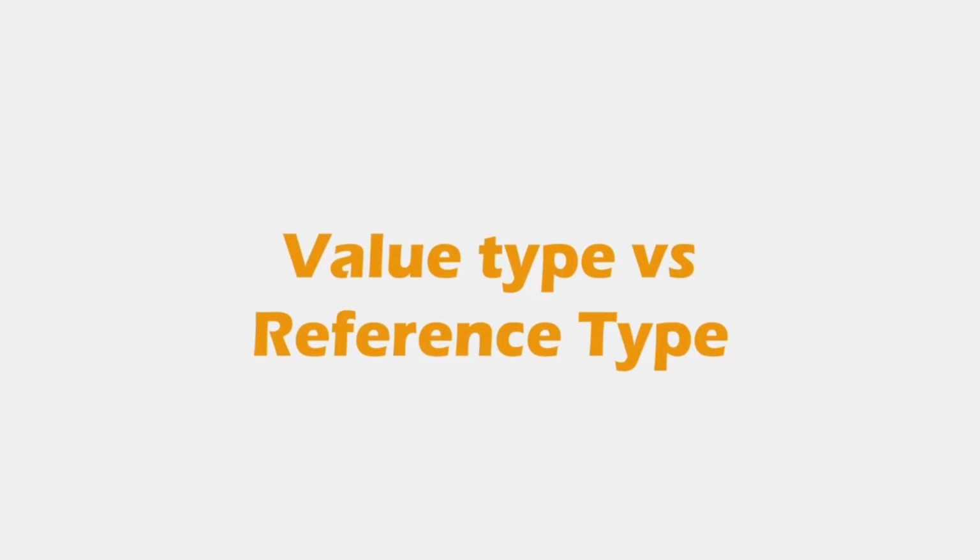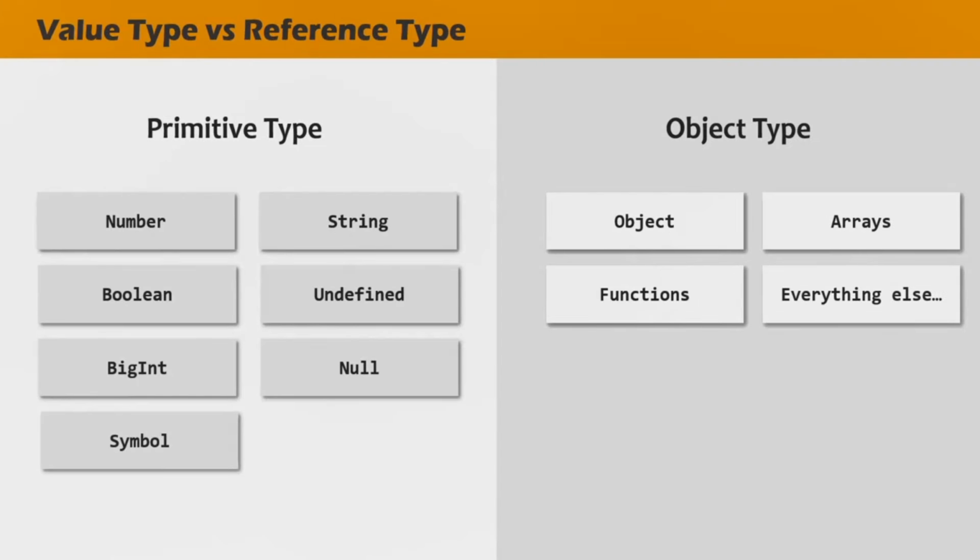So let's start. In the very beginning of this course, we learned that in JavaScript we have 7 primitive data types. And these 7 primitive data types are number, string, boolean, undefined, big int, null, and symbol. So these 7 data types which you see here are primitive types. And apart from these 7 data types, any other value is of type object.